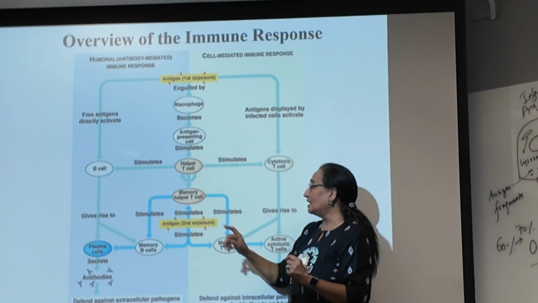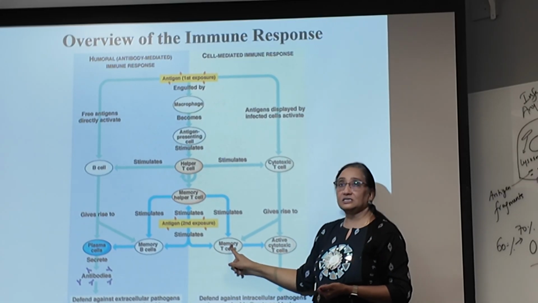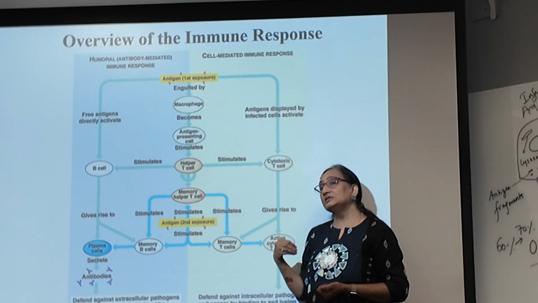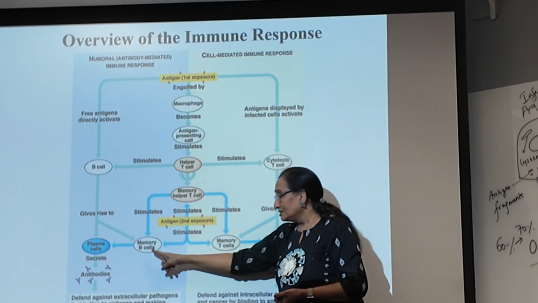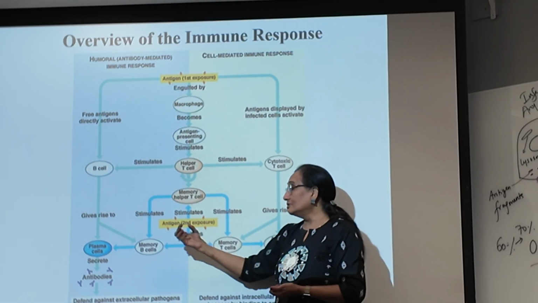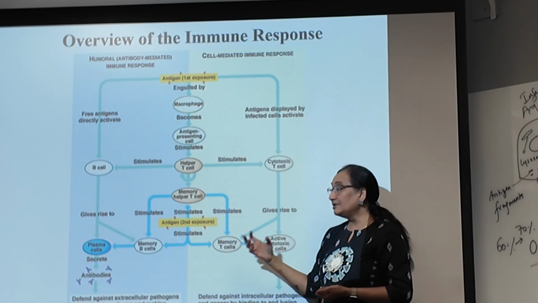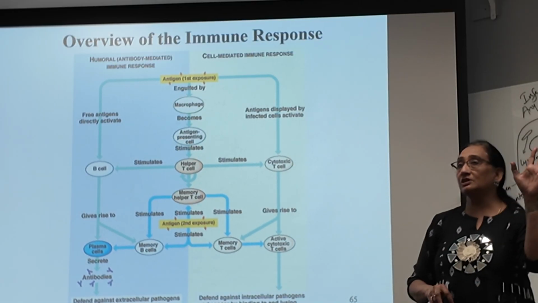At the same time, you will get memory B cells and memory T cells. Every time you have been exposed to an infection, you have in your bank memory B cells and memory T cells, which protect you from future infections.